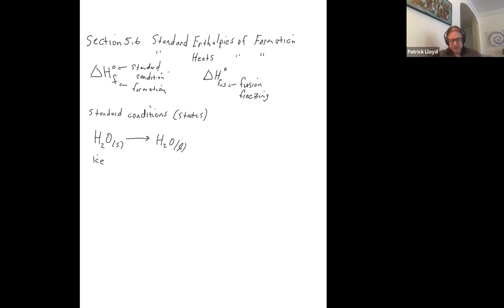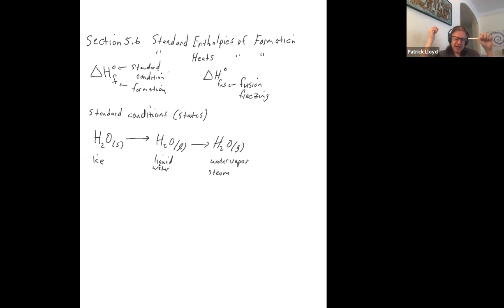So we just refer to this as liquid water. And it can exist as a gas or a vapor. And so sometimes this is referred to as water vapor. Sometimes it's referred to as steam, depending on the context. If water is beyond its boiling point, we typically call it steam. If it's below its boiling point, we call it water vapor.